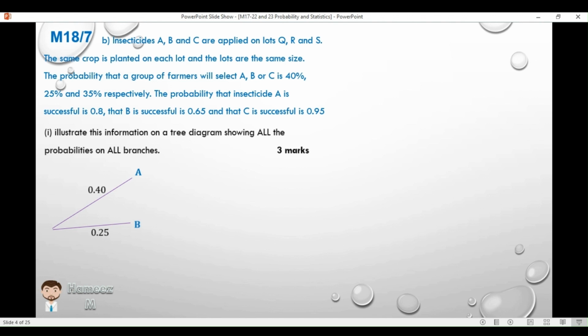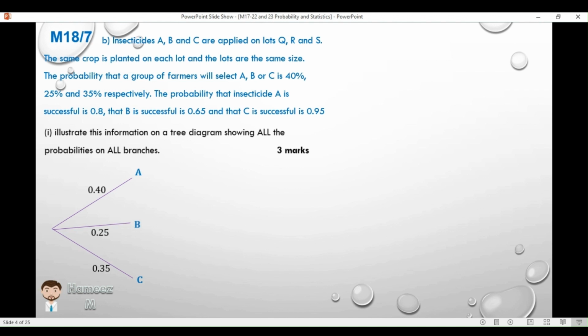And of course, if we have 3 choices, the total must be 100%. It's one of those 3 choices. So if we had 40% above and 25% in B, that's 65%, and 35% in C, which was given, or 0.35. Now, for each of these, we're going to have 2 options.